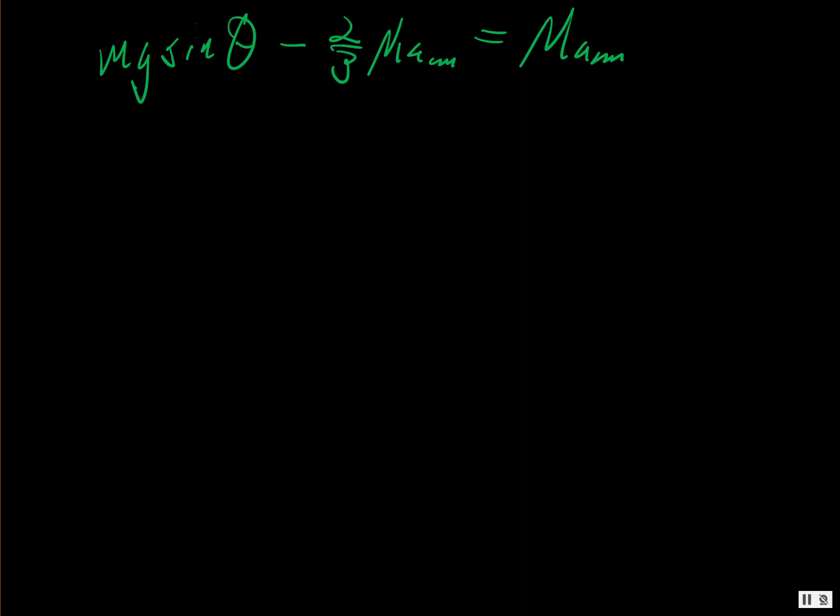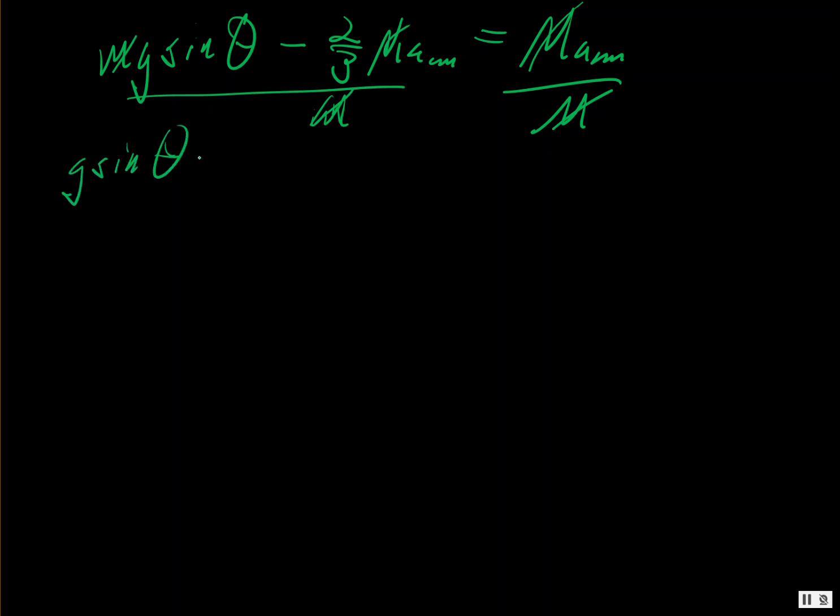Let's divide both sides by m, and they cancel. Now we're left with g sine theta minus 2/3 a center of mass, which is equal to a center of mass.